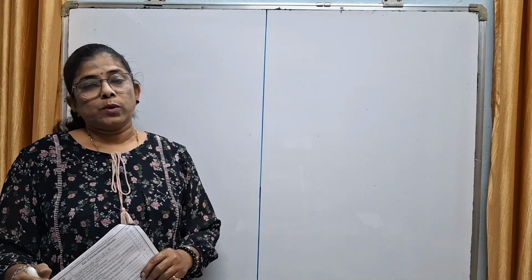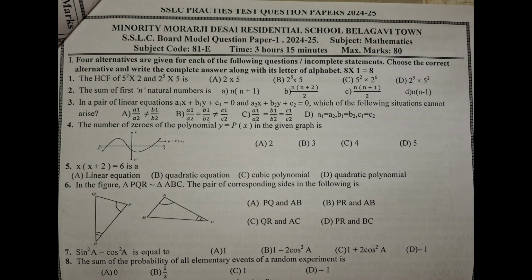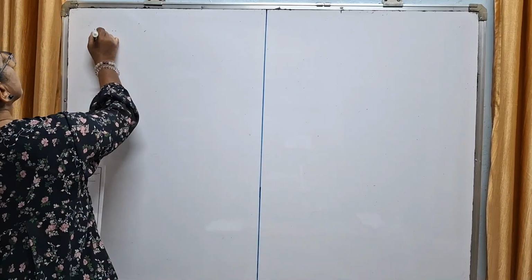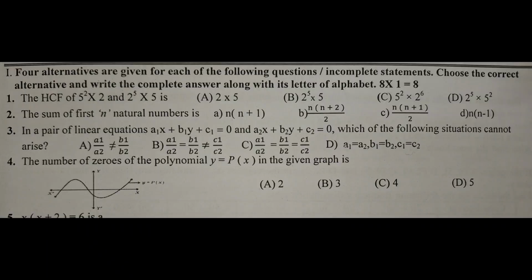So as you know, the first Roman number is of 8 questions where you have 4 different options, A, B, C, D. You have to select the right answer from this. The first question is, find the HCF of 5 to the power of 2 into 2 and 2 to the power of 5 into 5.